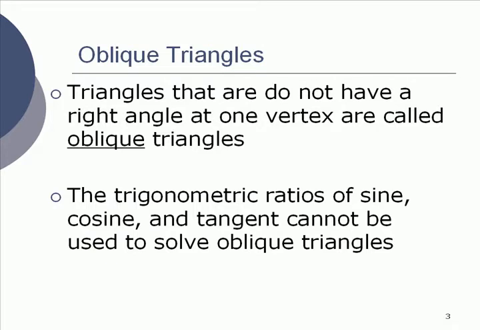They only work on right triangles, so we can throw those out. You can't label sides. You can't have a hypotenuse if it's not a right triangle. You can't have an adjacent side if it's not a right triangle. We still use opposite in some sense, but we really can't use the same labeling system that we've used before.